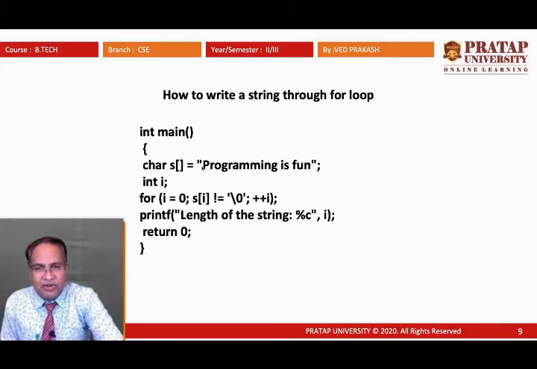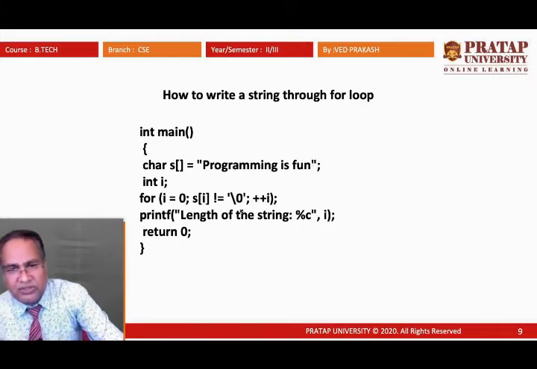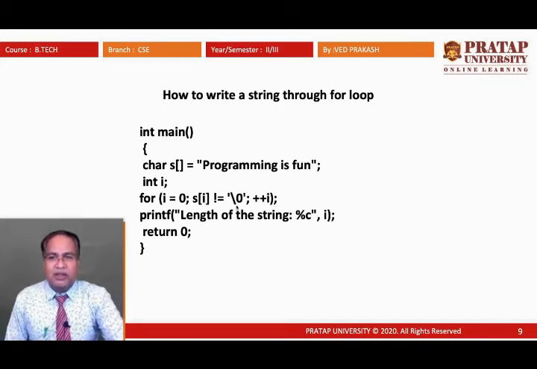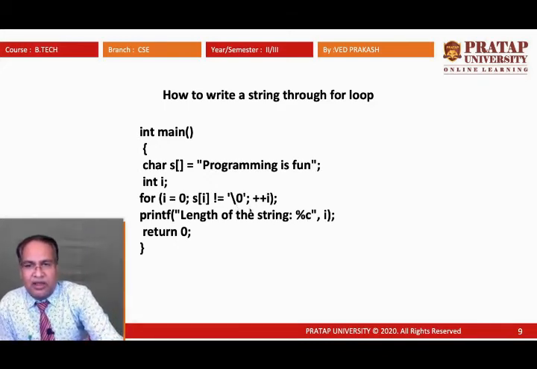So it will start from here and go to the end of the string, and where it encounters the null value, it will automatically terminate, and before the termination it will display all the elements of the string. So here it will display all the elements of the string.